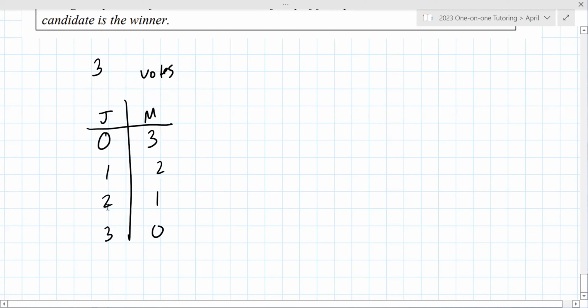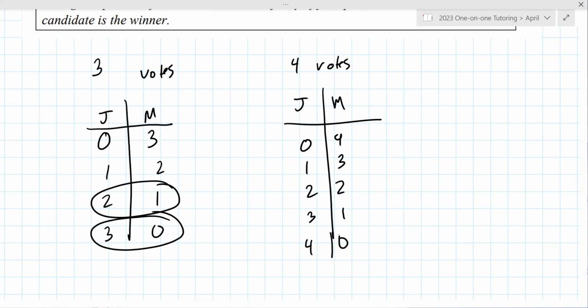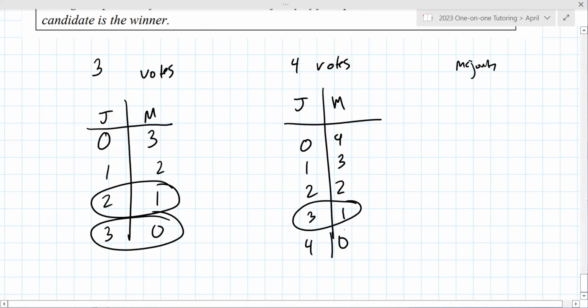In two of them, the 2 versus 1 and 3 versus 0. Now let's say there were 4 votes. So 0 to 4, 1 to 3, 2 to 2, 3 to 1, 4 to 0. In which cases do you have the majority? In the last two.